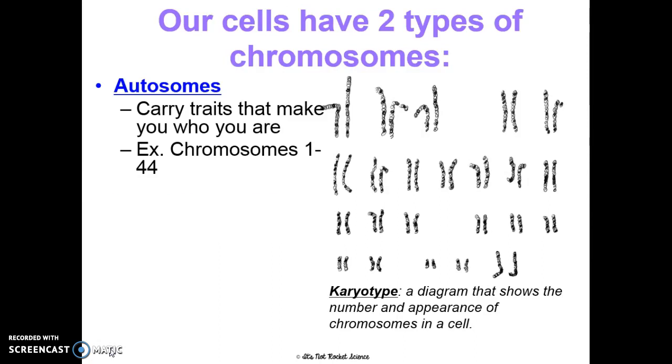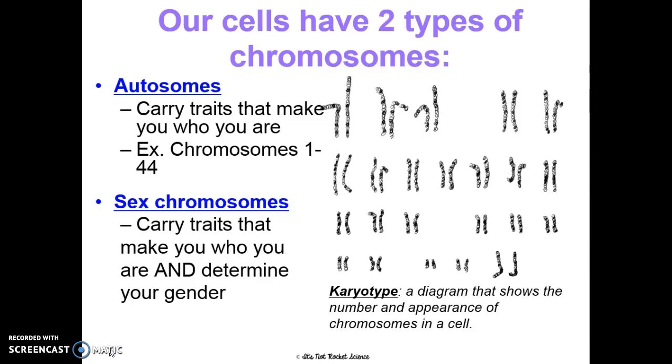Now, the next set are called sex chromosomes. So these also carry some traits, but also determine your gender. Okay, so these types of traits, so for men, often men are taller, there's a higher presence of testosterone. Women develop differently, so they can bear children, and they have higher levels of estrogen.